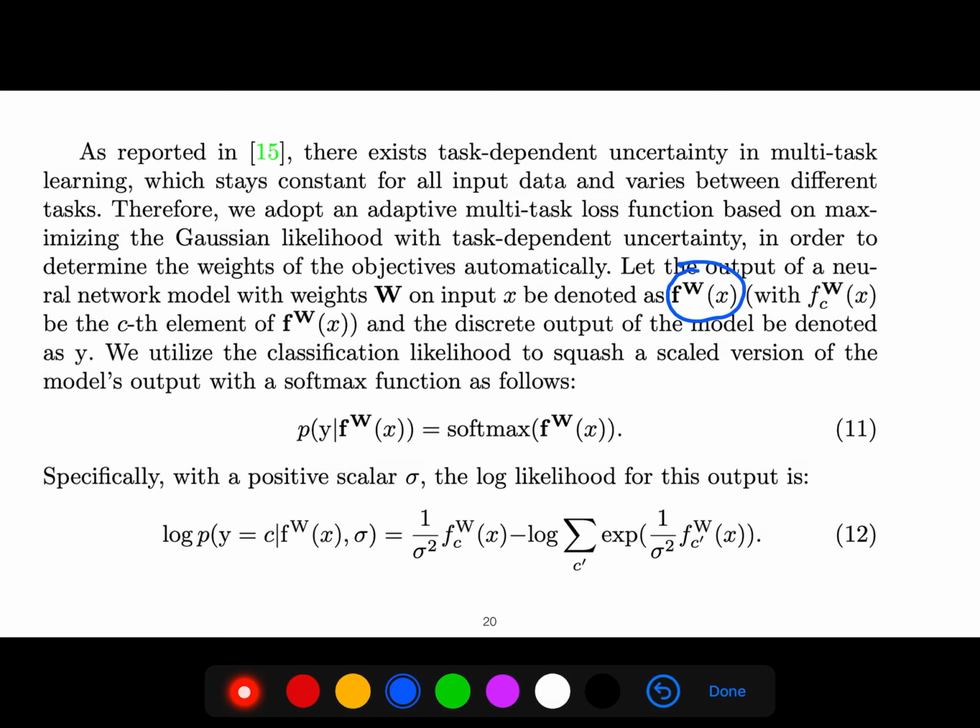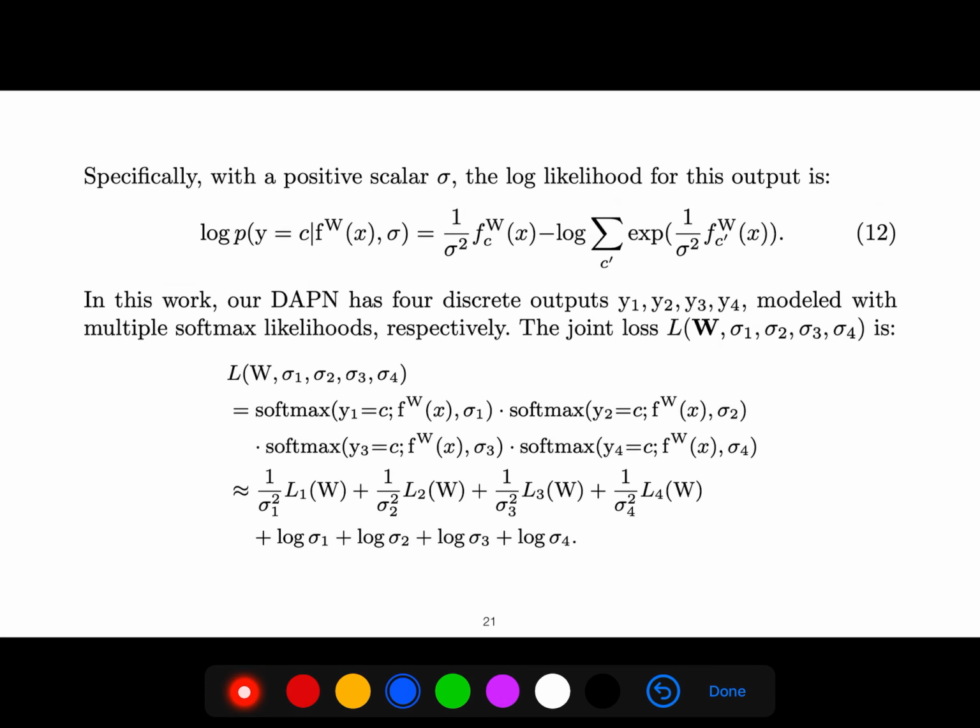Specifically, with a positive scalar sigma, the log likelihood can be written like this.